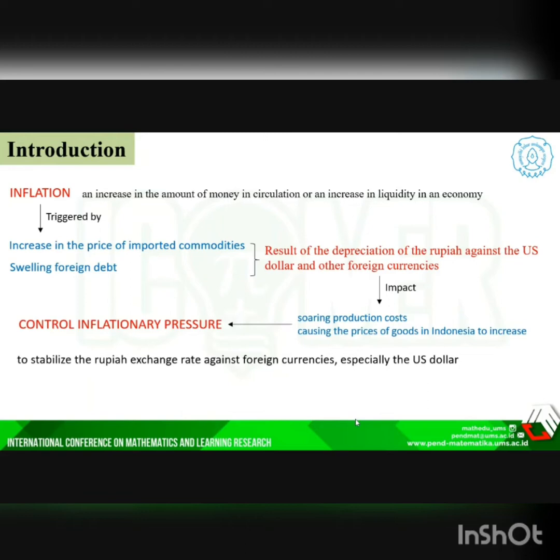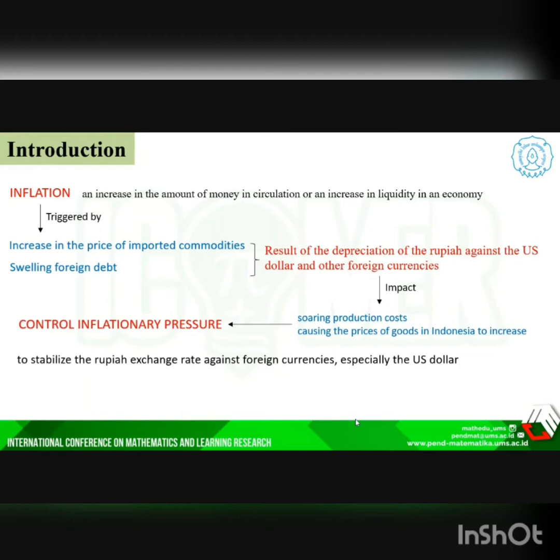currencies, especially US dollar, to determine whether or not there is a long-term and short-term relationship between inflation and the factors that are thought to influence inflation. A model is needed that is able to explain the effect of independent variable on dependent variable in long term and in the short term.